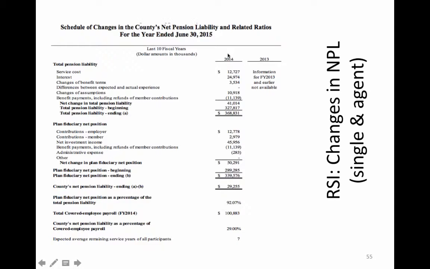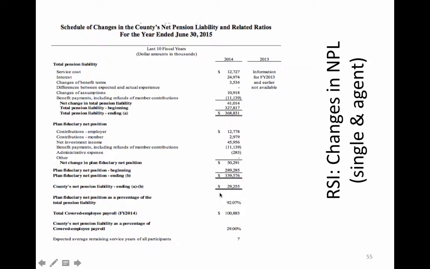And here's that example I mentioned earlier, where it really is 2015, but for some reason a lot of governments are calling it 2014. Probably because that was the measurement date, but showing the changes in that year in the total pension liability, in fiduciary net position, and then the aggregate change in the net position, the net pension liability for this government.